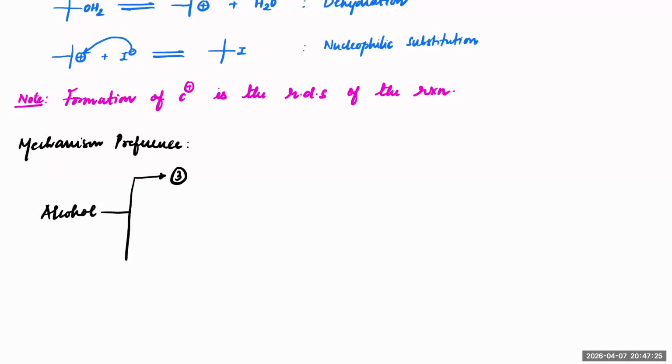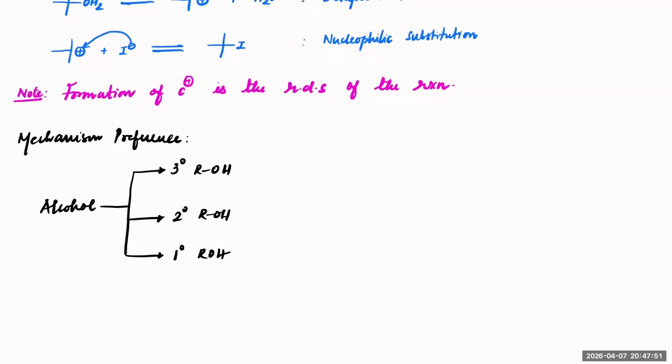One is 3 degree alcohol, the second one is 2 degree alcohol, and then we have 1 degree alcohol. Got it? Now, if it is 3 degree alcohol, there is no question of it. It will always go via SN1 mechanism.